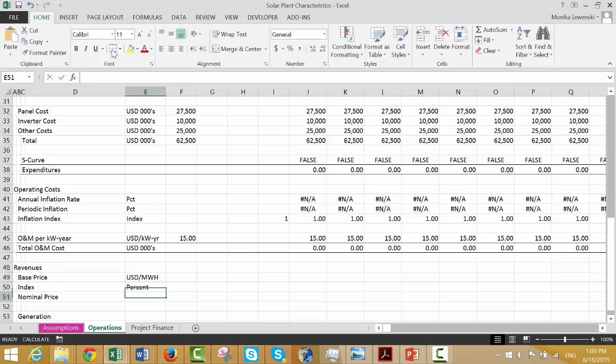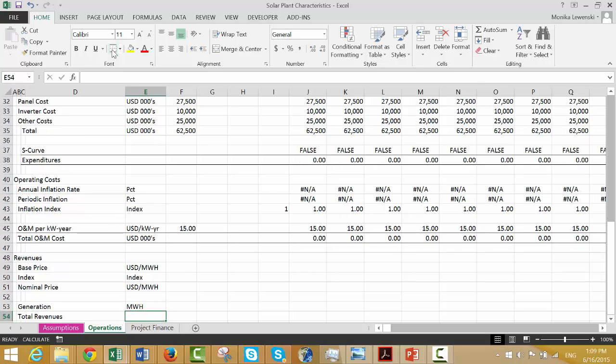Okay, and no, this is an index rather. Maybe we can do that all in one go, and then this is USD per megawatt hour, and then we put our megawatt hours here, and we get our USD thousands.